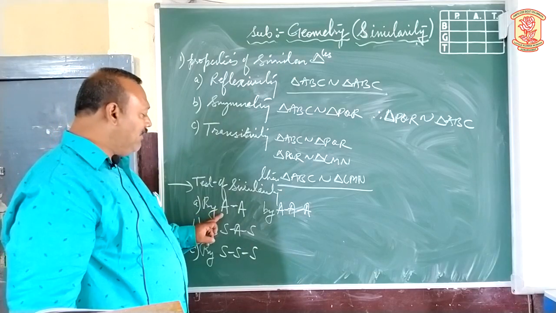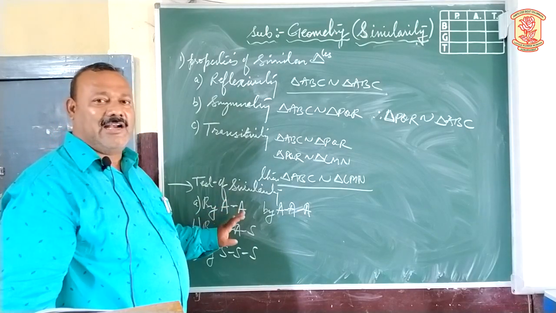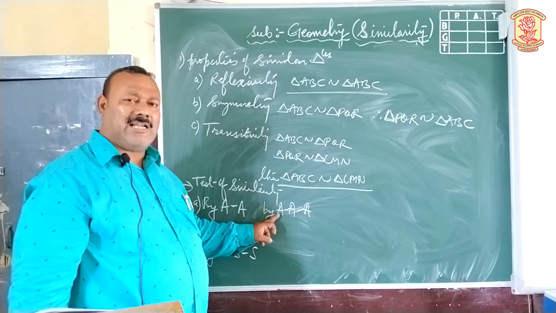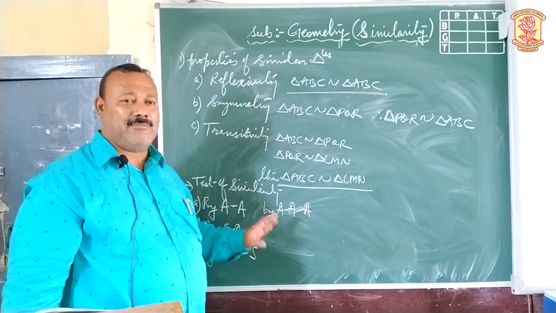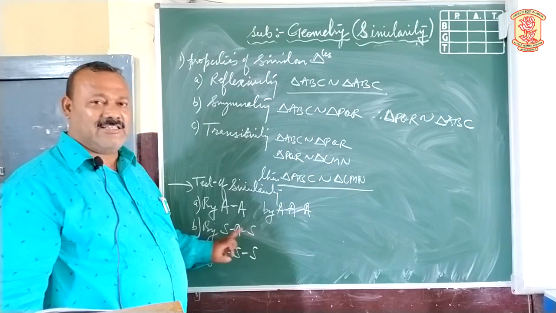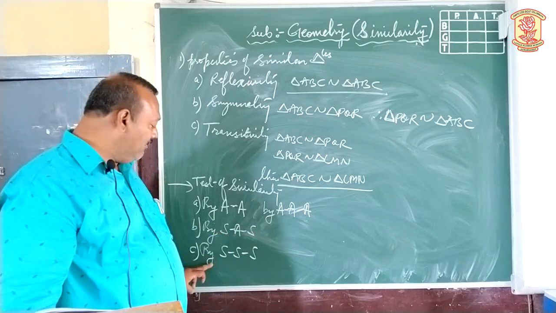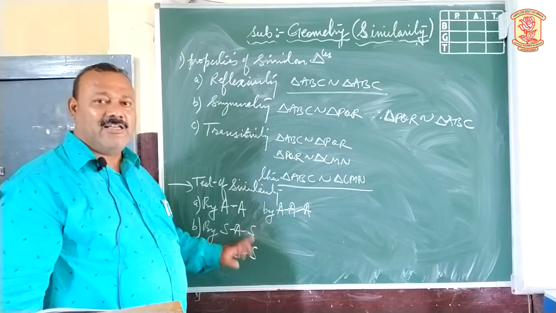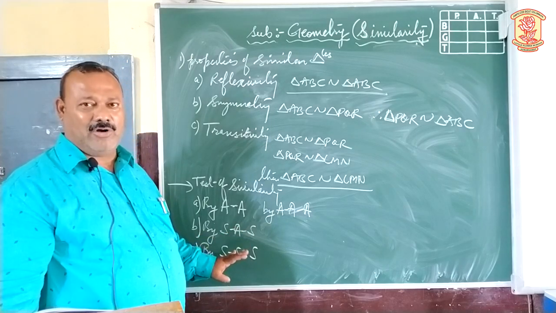In the first one, by AA, that is the angle test. Second one, by the angle test, means the AAA test. Then the SAS test, side angle side. And the third one, the SSS test, side test. Got it now?